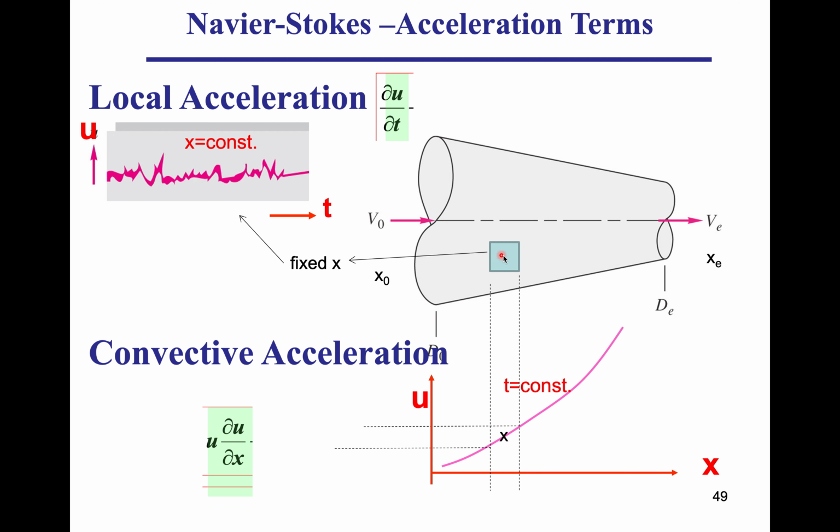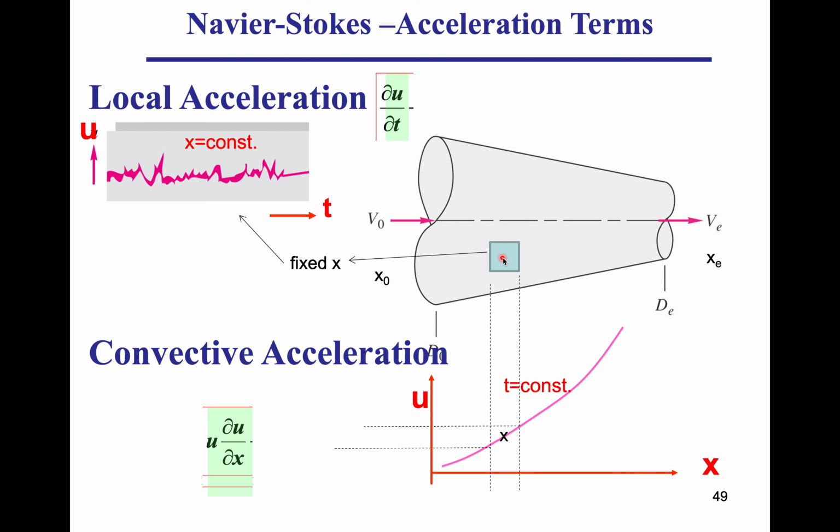If I look at the flow at the center of this cube, I would have local acceleration. By the flow I mean the velocity in the x direction, which is my u. If I look at the u signal as a function of time, I would have local acceleration if there is variation of the velocity here with time.